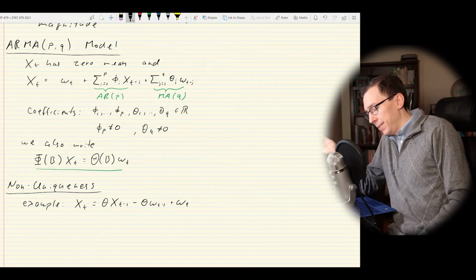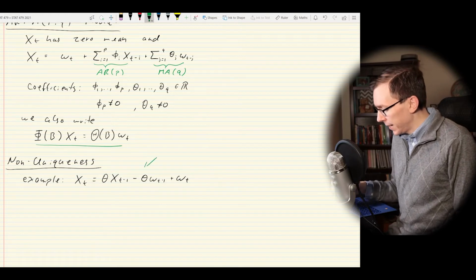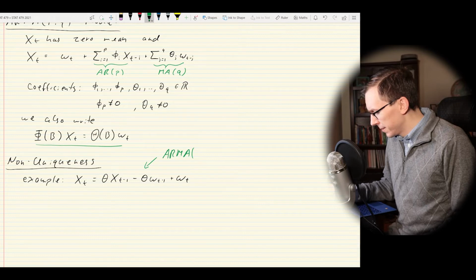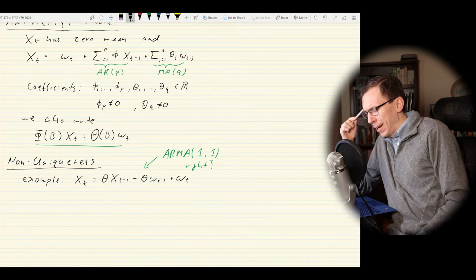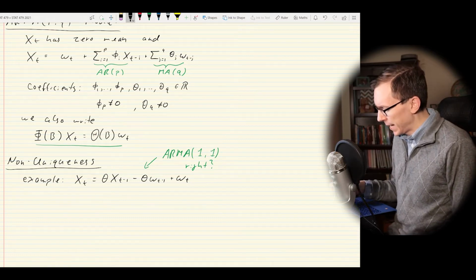If I gave you this process, the first thing we'd say is, okay, this looks a lot like an ARMA. I see one moving average term and one autoregressive term, so it looks like an ARMA(1,1), right? When you first look at this, it looks a lot like that, but let's move some of the pieces around and see what happens.